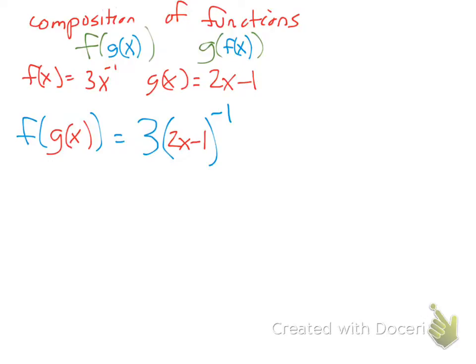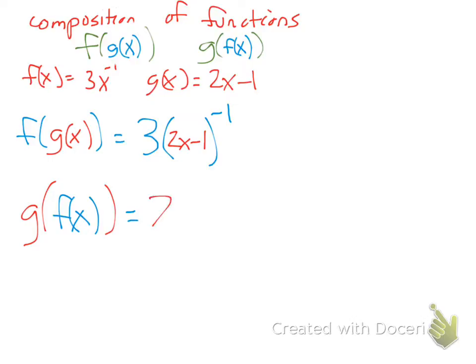So the question is, what if I gave you g of f of x? Using the same reasoning, g of x is my outside function, the bigger one. So I write that down first.